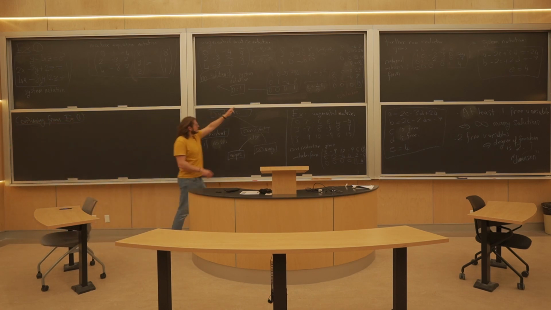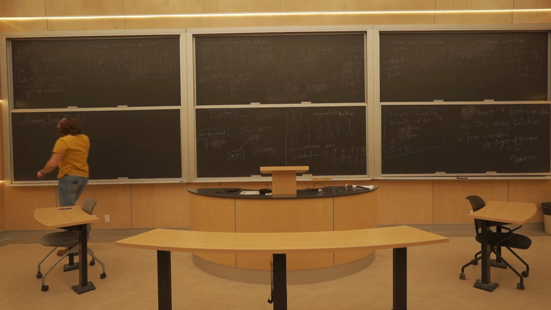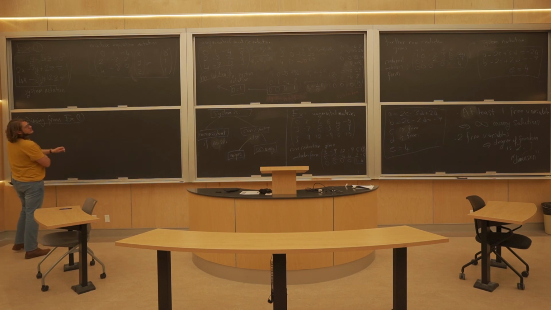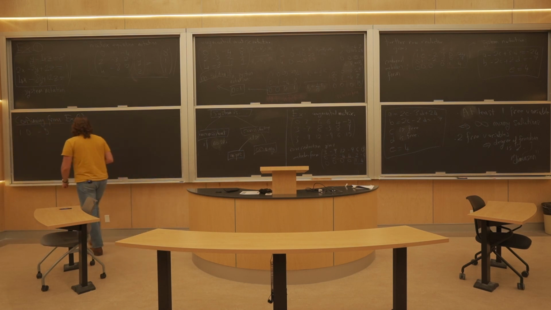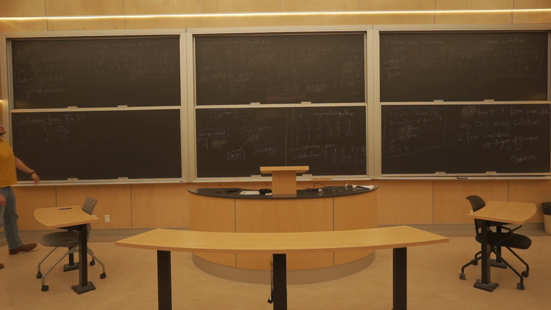So this is not in reduced echelon form, but I can take it and reduce it. 1, 0, minus 5, then what is that? 25 divided by 2. And then I have 0, 1, minus 4, 8. And then I have 0, 0, 0, 1.